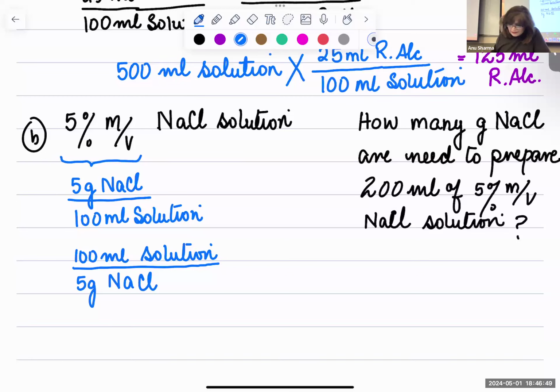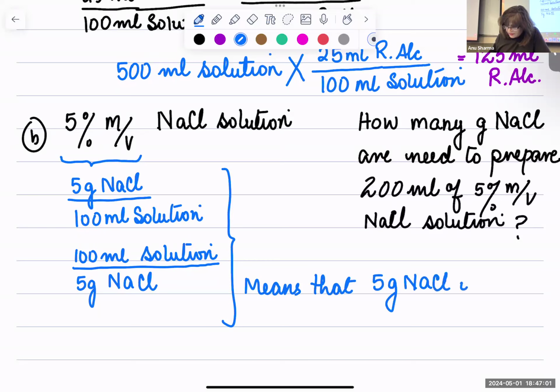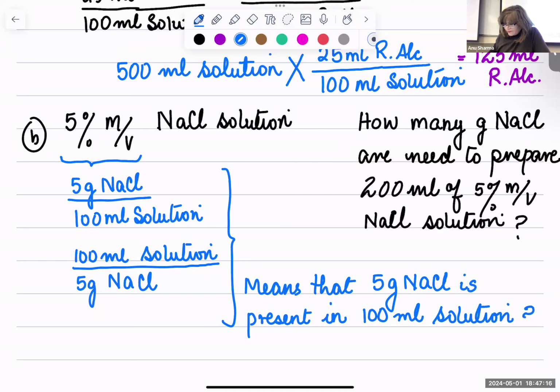So this means that 5 grams NaCl is present in 100 milliliters of solution. Okay, so this is what it means.